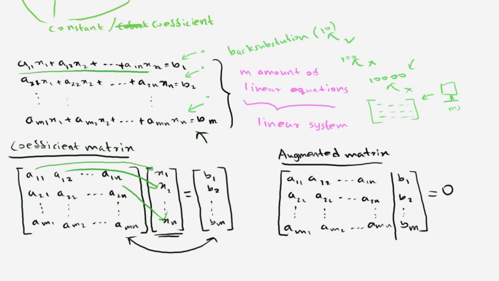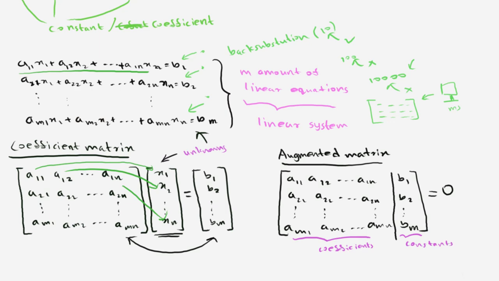We just ignore these unknowns, and we simply represent the relevant coefficients and the given constant values.